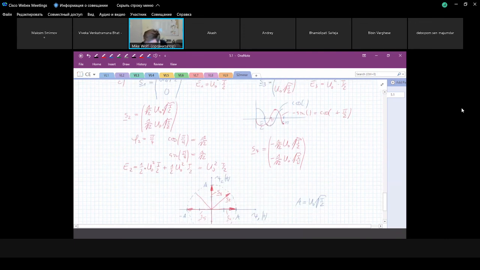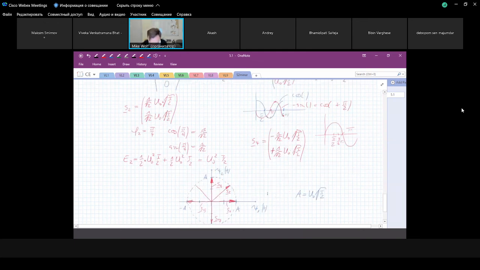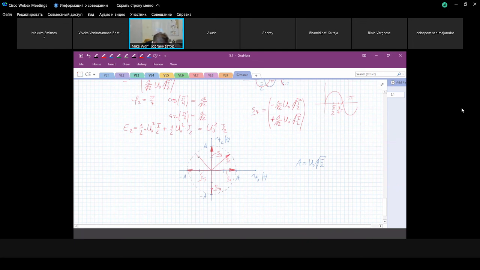Maybe I was wrong. So this is a sine, right? So here is pi, and this is pi by 2. Then we have to take a look here, 3 by 4 pi, right? And then it's positive. This component is positive. So it looks like this. So this is S4, so I had a mistake.